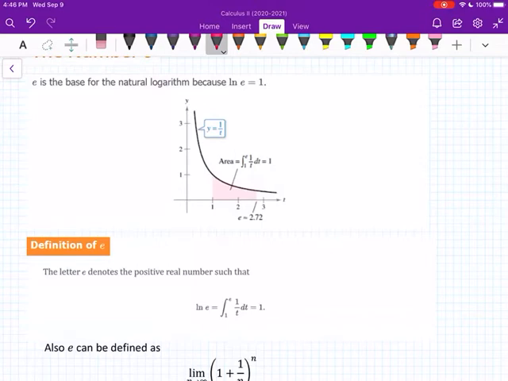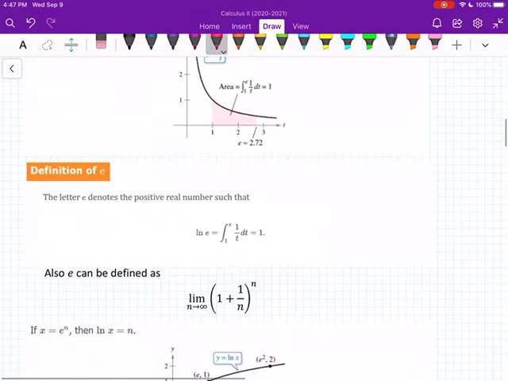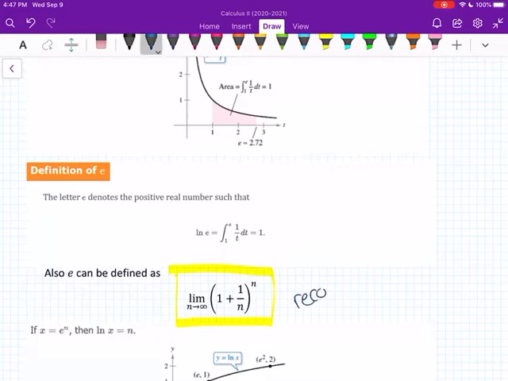So e is that value at the top of my integral of 1 over t dt that will give me a value of 1. And remember your original definition of e that you learned back in Algebra 2, maybe pre-calculus? It is right here, your good old friend, the limit as n approaches infinity of 1 plus 1 over n all to the power of n. Now you should be able to recognize this when you see it, okay?